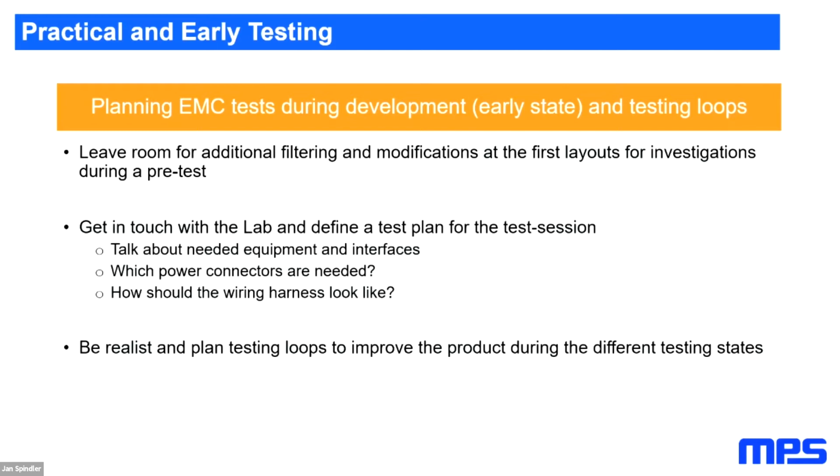Also, what we see quite often is: get in touch with your labs to discuss, to be well prepared in the whole process. It means a checklist, but a checklist is a little bit different for everyone. I think these are some essential points we see quite often. You go to the lab and say, hey, we need a BCN adapter.